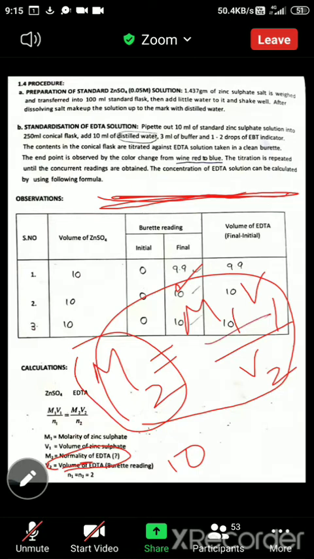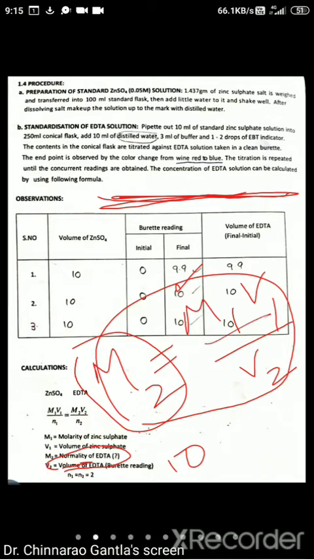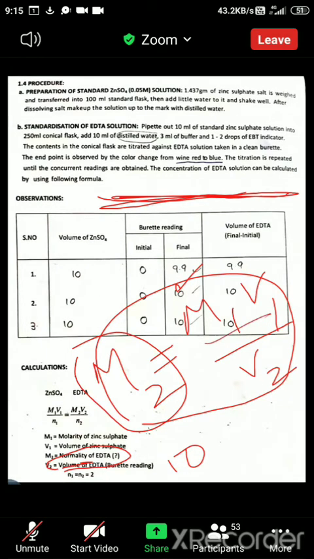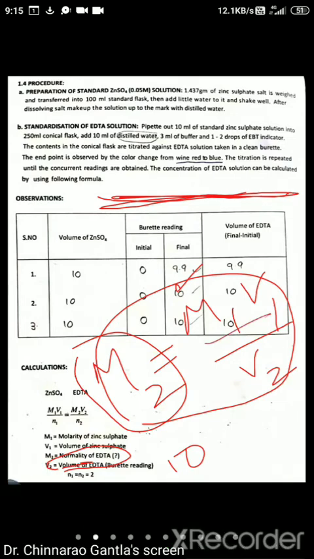It is titrated against EDTA solution. Blue color forms again in the burette. We should get all the readings. That is the standardization of EDTA solution.